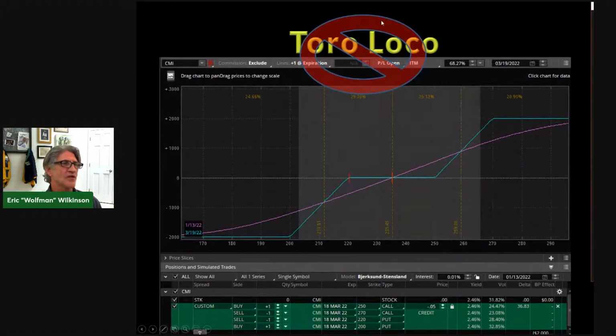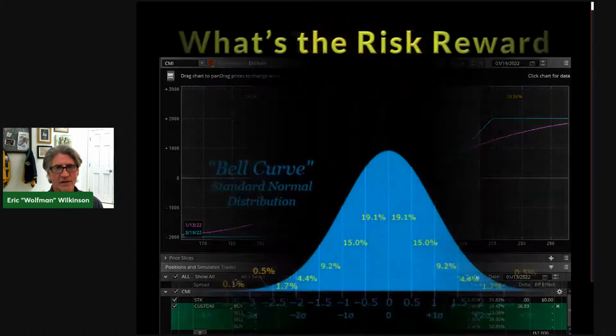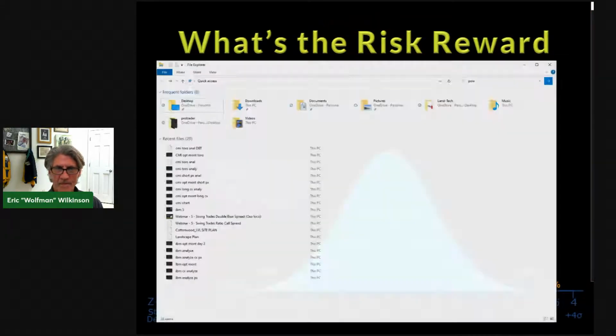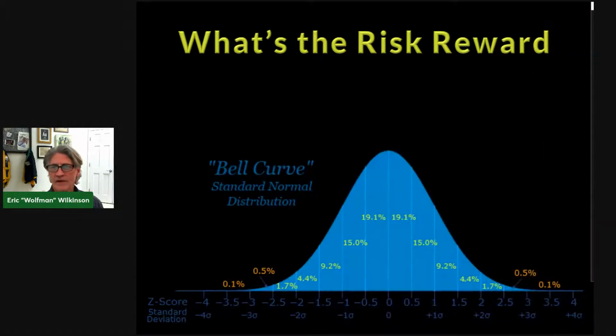But this one is the one I do not want you to do, because look what happens when we're looking at this. Where is it? Oh, no, I don't have it. Hold on, I'm going to have to find it now. I'm going to have to go through all my things because I got to find this picture for you.